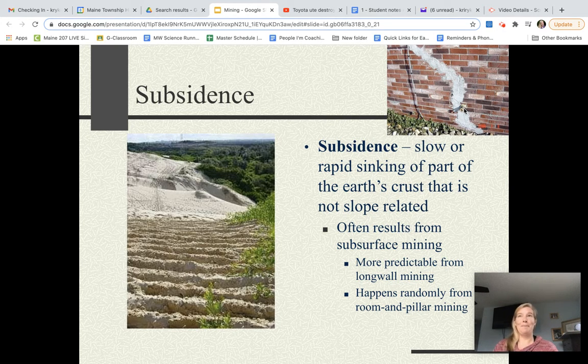If you go into the mountains in Montana and a lot of places, there are lots of old abandoned mines, and there can be cave-ins. Sometimes people go exploring in those mines, and it's really dangerous because they could cave in and you could get trapped in there. So subsidence is a cave-in at the surface.